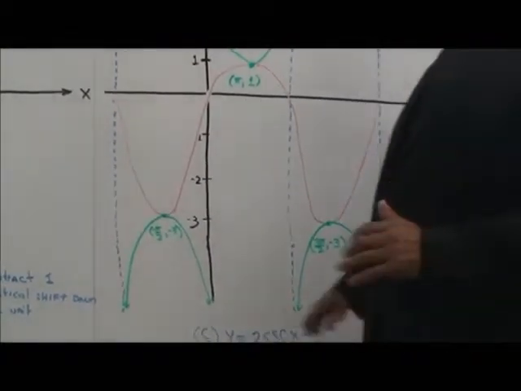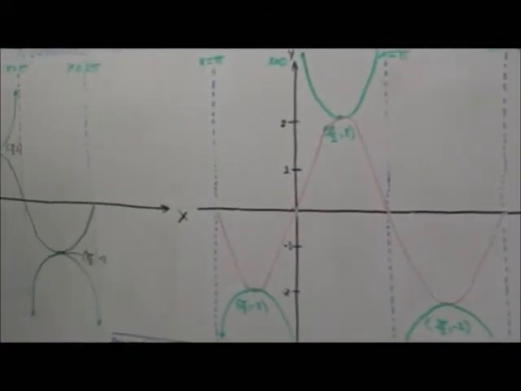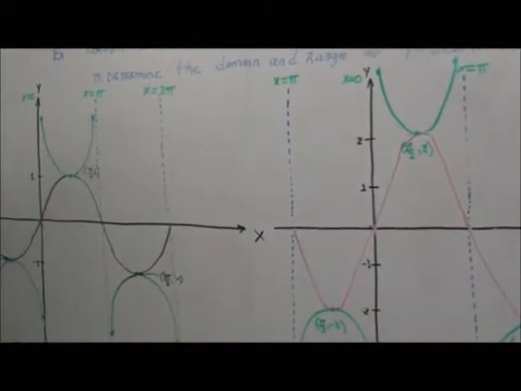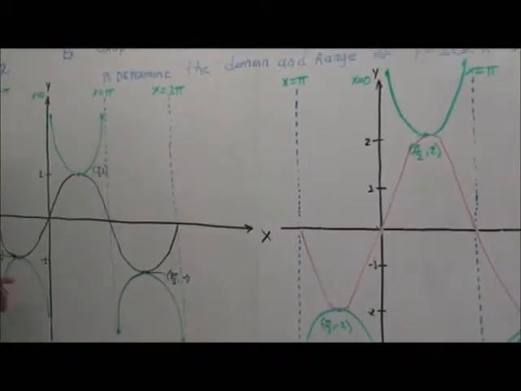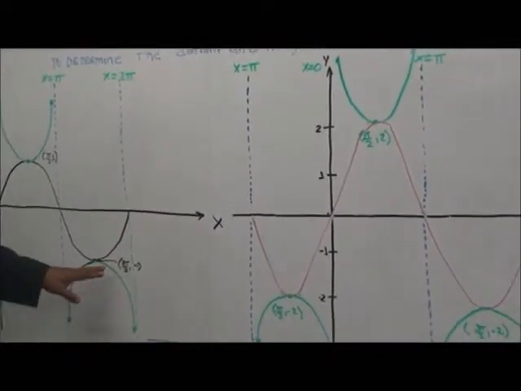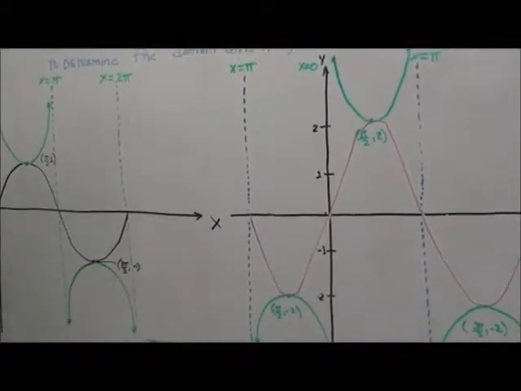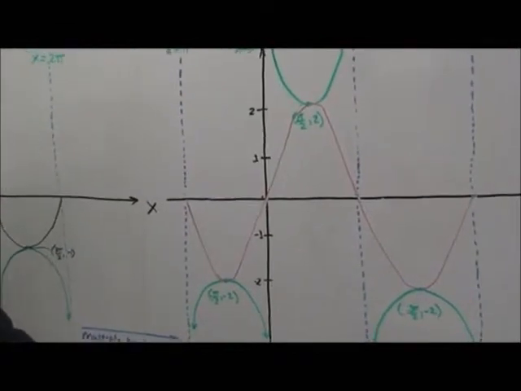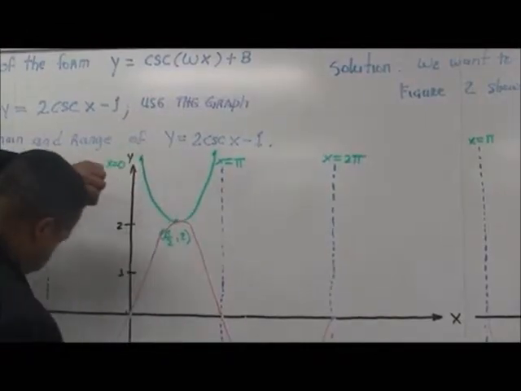and +1. Just like here, if we go back and look at this, first initially we're at pi over 2 and 1. And of course you have -pi over 2 and -1, and 3 pi over 2 and -1. See? And when we multiply by 2, it's a vertical stretch.